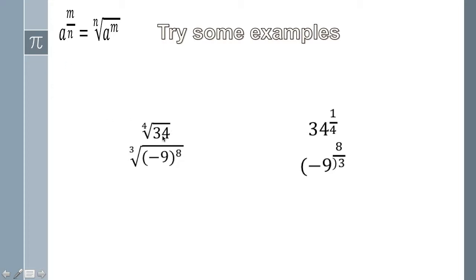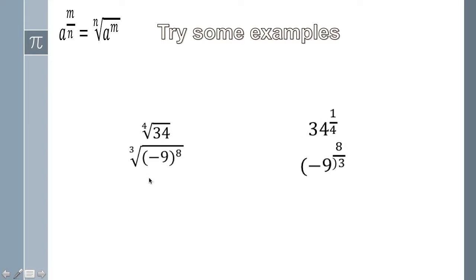In this case, remember, this here is just the denominator of our fractional exponent, if you will, and the imaginary 1 here is just the numerator of that fraction. So the fourth root of 34 to the power of imaginary 1 is equal to 34 to the 1/4. These two things are equal.